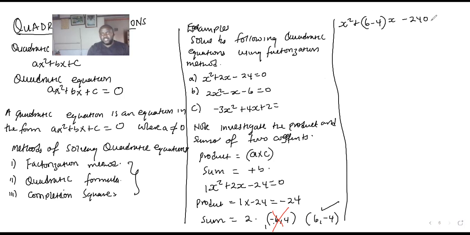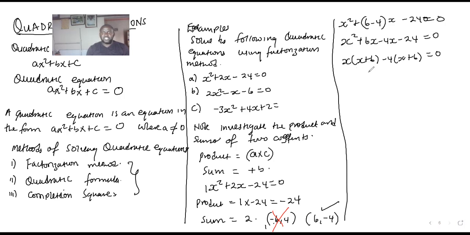Because it is equal to 0, and we are going to advance and become advanced mathematicians, with time we shall just write this straight away as x squared plus 6x minus 4x minus 24 is equal to 0. Therefore, x into x plus 6 minus 4 into x plus 6 is equal to 0.